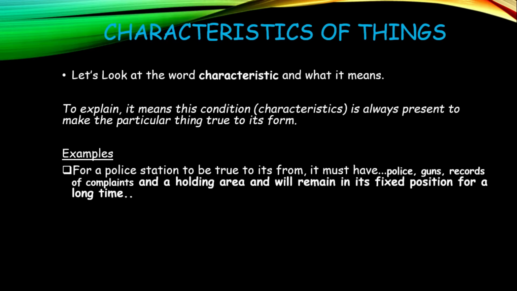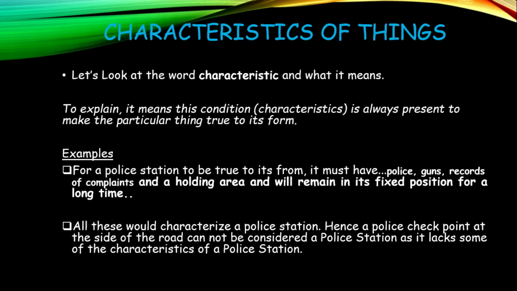Example, for a police station to be true to its form, it must have police, guns, records of complaints, and a holding area, and will remain in its fixed position for a long time. All these would characterize a police station.